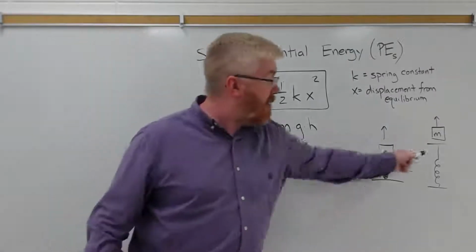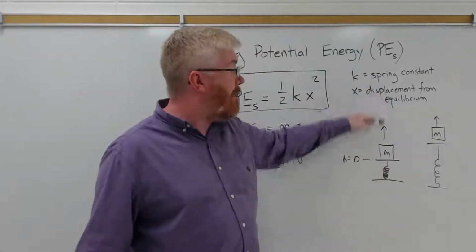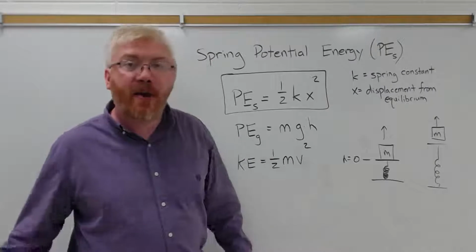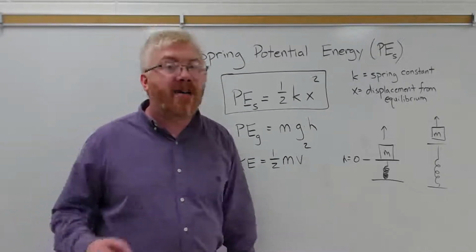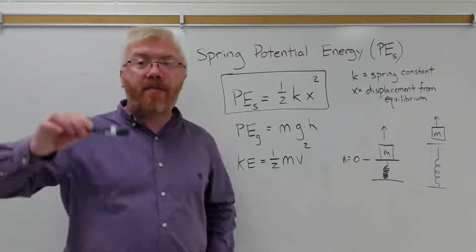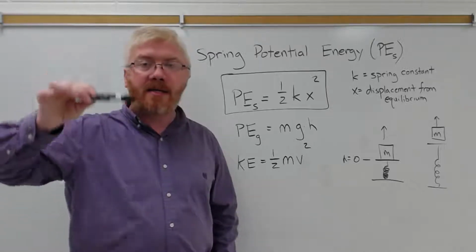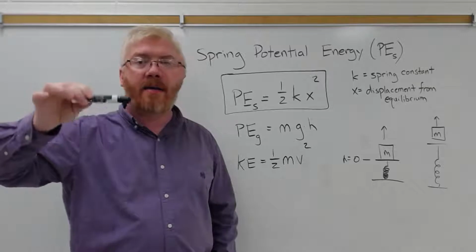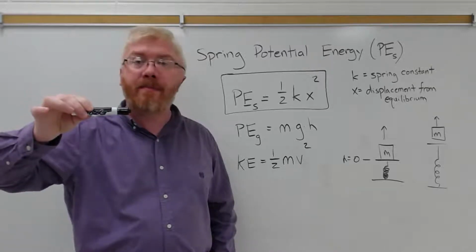So for the example we have here of the spring, imagine this box bouncing up and down on this platform like a trampoline. Eventually, in real life, there are frictional forces. There's drag resistance. The box will bounce up, get less high, less high, less high, and then eventually stop.